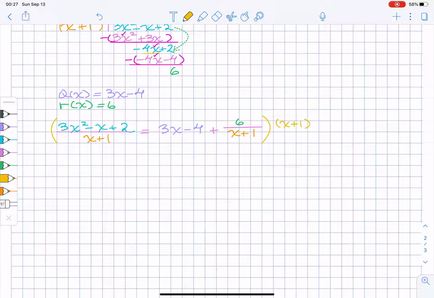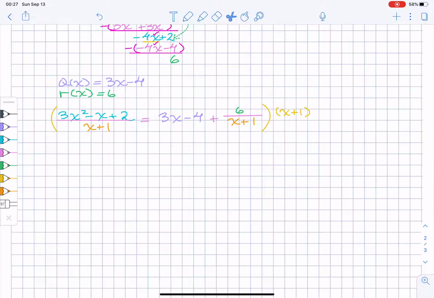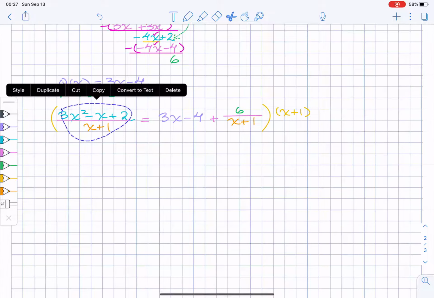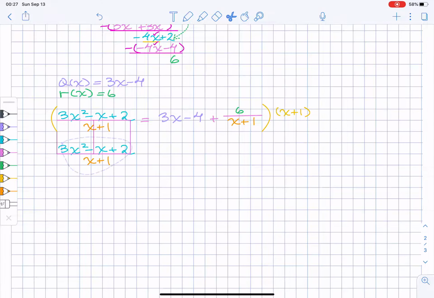So let me just copy and paste this. If I distribute on the left-hand side the x plus 1, remember it's all over 1, so there's always going to be a whole number denominator.